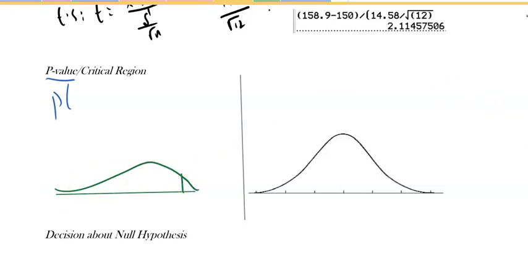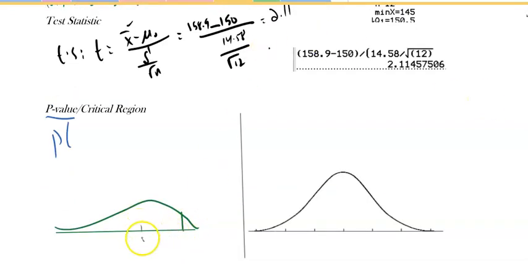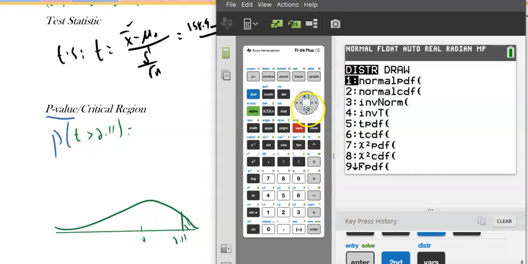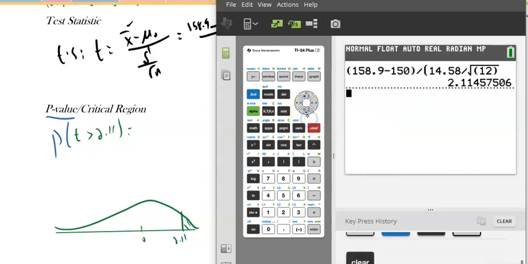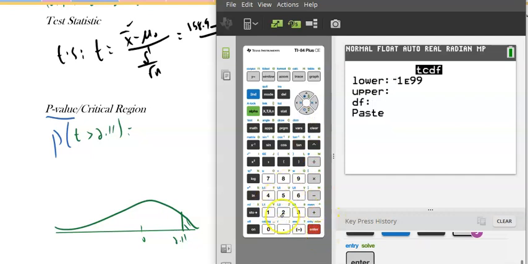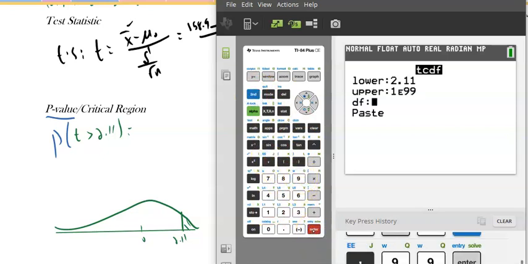And the test statistic gives it away, really. If it's positive, this is 0, it has to be right there. You're trying to figure out what that area is. The probability that t is greater than 2.11 is going to be, and here we are. Second, distribution, we want 6. The lower is 2.11, the upper is 1E99, and we want degrees of freedom.